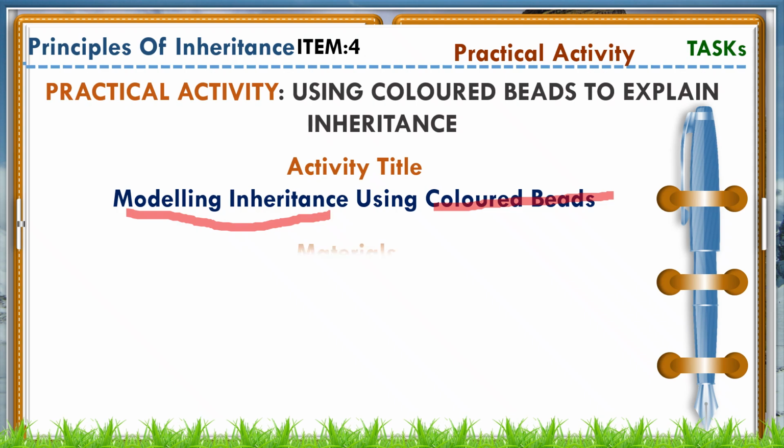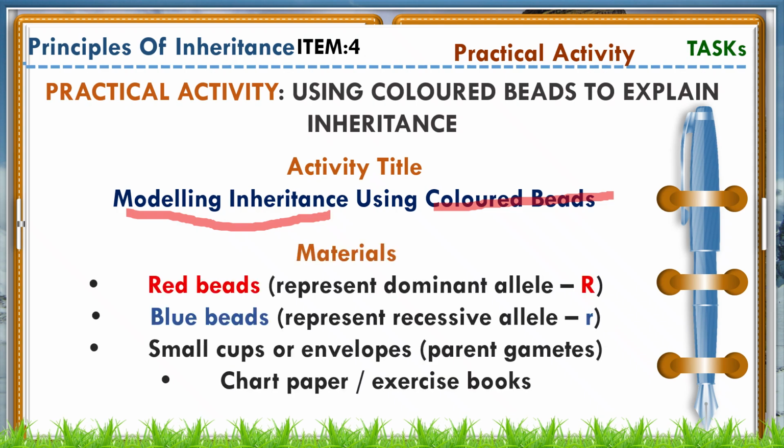Then the materials we are going to use. We are going to use the red beads. These are going to represent a dominant allele, which we are going to call R. And we are going to use the blue beads.